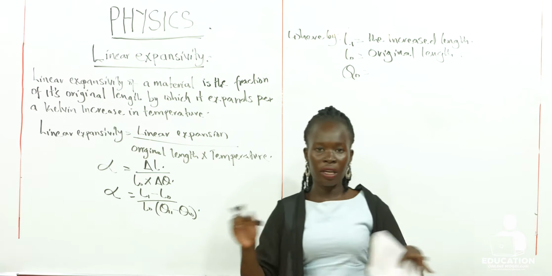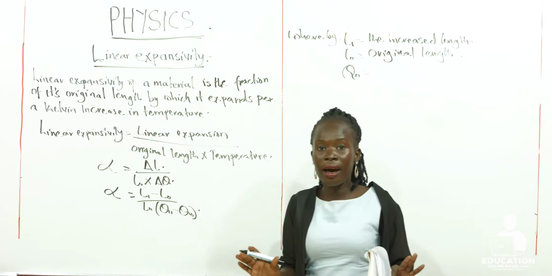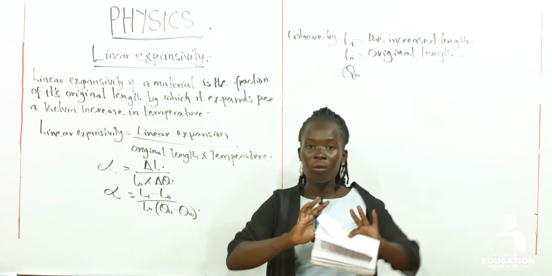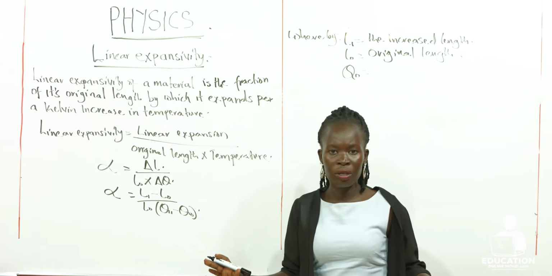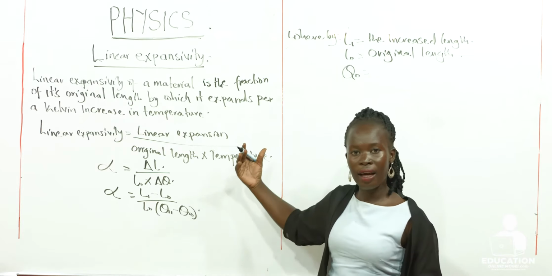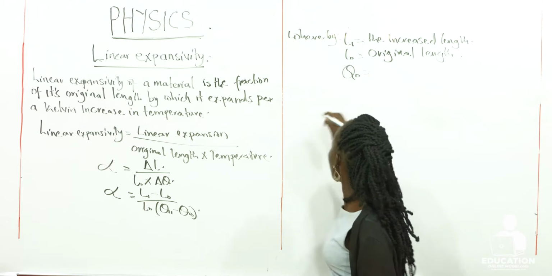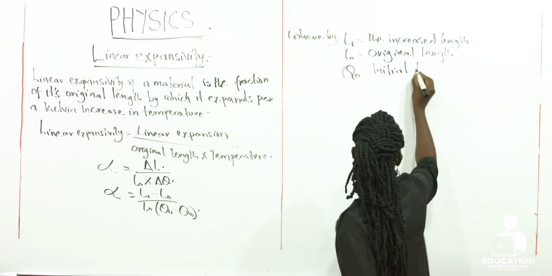For example, if you're in a room, that room temperature alone, without any air conditioner or without putting any fire around or cooling the room, that room temperature is the θ naught. So we say that it is our initial temperature.